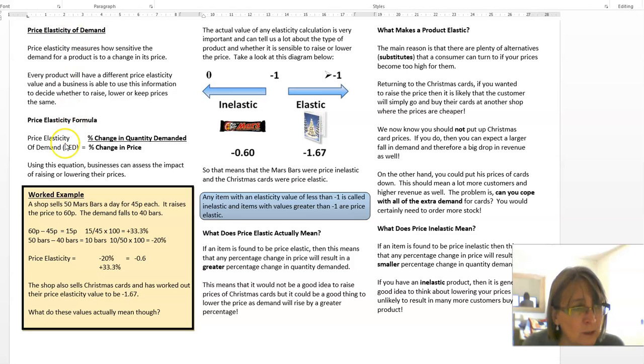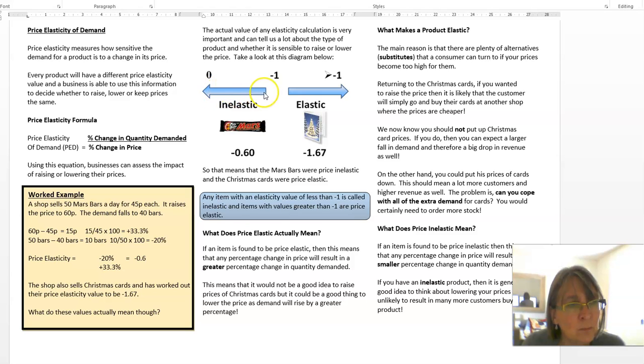And there is a formula that we can use to calculate this, which is the percentage change in quantity demanded over the percentage change in price. So in price elasticity, we always have a negative elasticity of demand. When we increase the price, the demand will always decrease, except for very unusual situations.